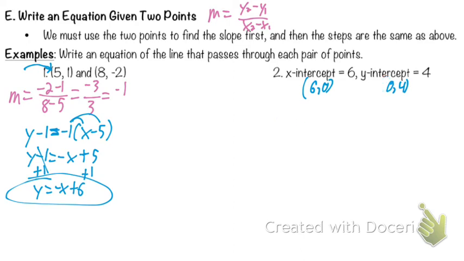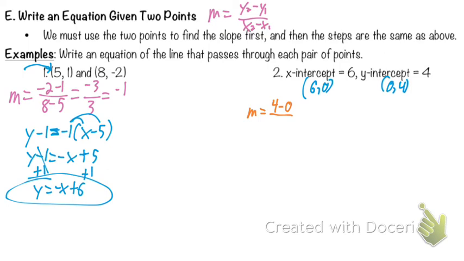So the 4 minus 6. Not quite. We'll keep the y's together on the top. So 4 minus, what's the other y? 0.